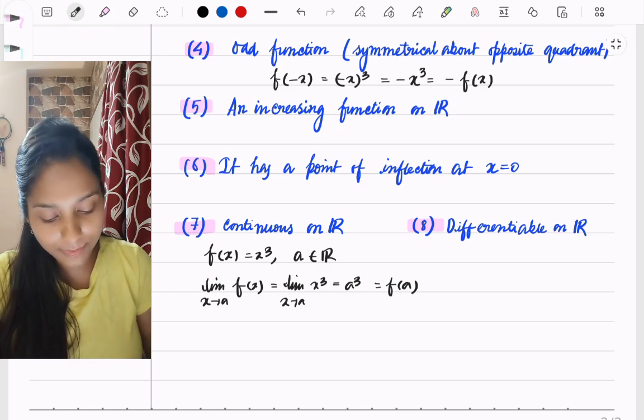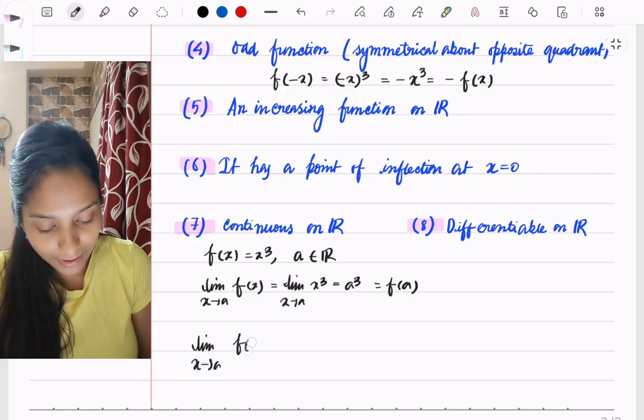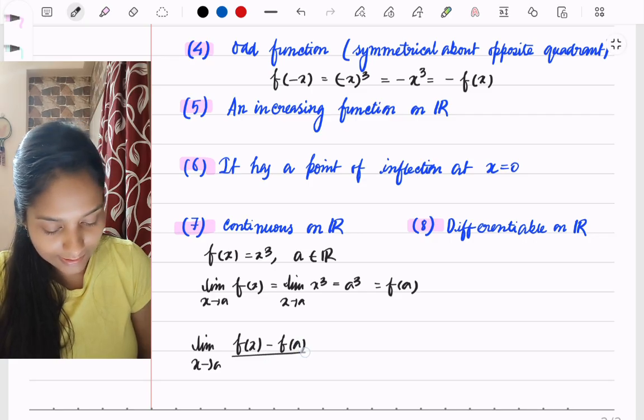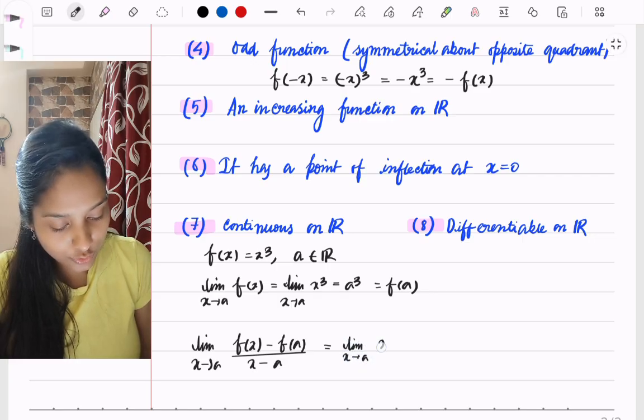Next, for the differentiability, we have this one here: limit x tends to a of (f(x) - f(a)) divided by (x - a). And here we have limit x tends to a of (x cube - a cube) over (x - a). So we can factorize x cube minus a cube.